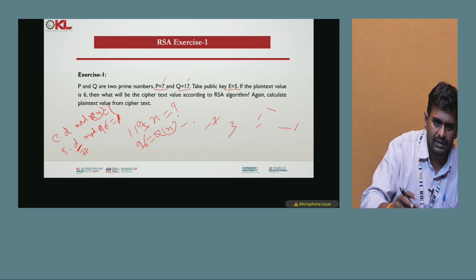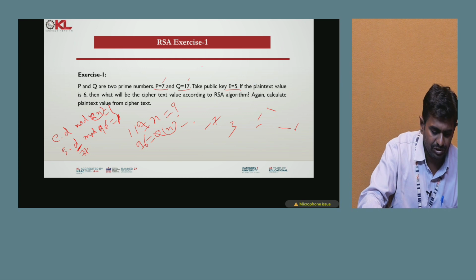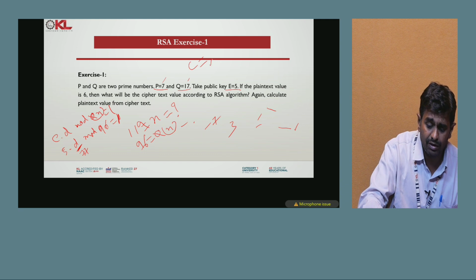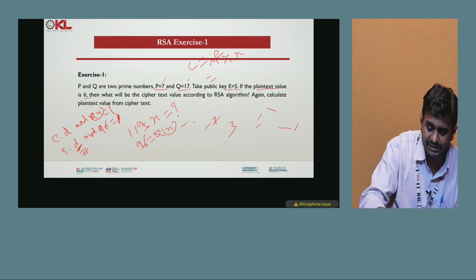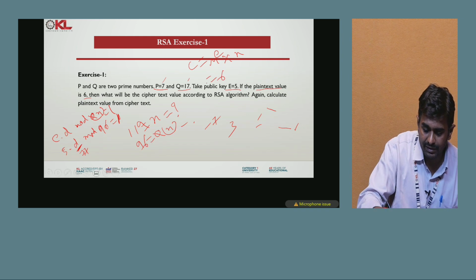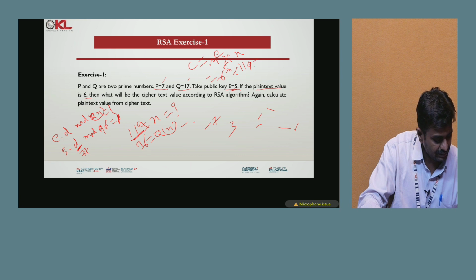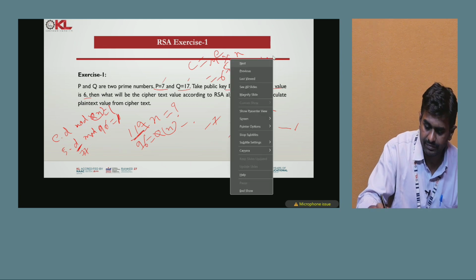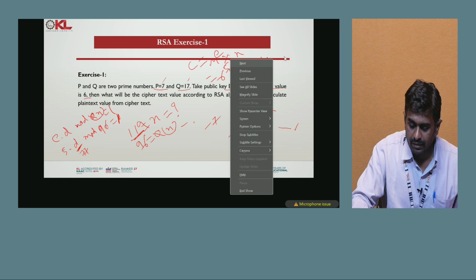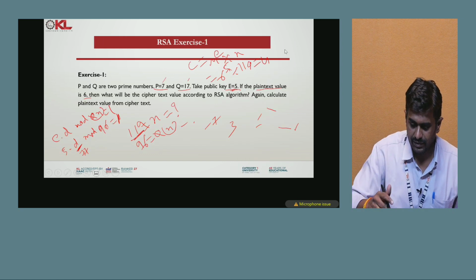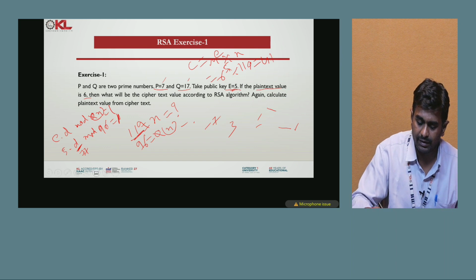Based on these values, we can find out the ciphertext value, that is c equal to m power e mod n. The m value is the plain text already given, that is 6, power e value, already given, that is 5. 6 power 5 mod n value, n is 119, we will get 41, that is the c value.